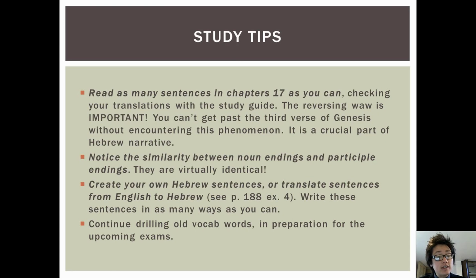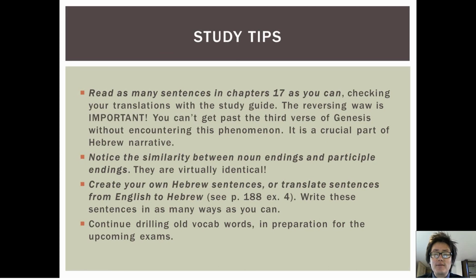Now I'm moving on to participles. Notice the similarity between the noun endings and the participle endings. Use that to your advantage. You don't need to memorize these endings all over again as if you had never seen them before. Just recognize that the participles generally use the endings of the noun.